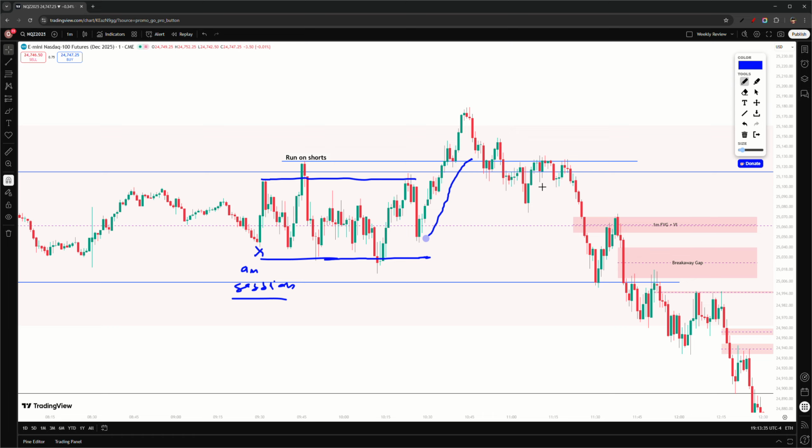It manipulated them here. On the other hand, there were also people who were trying to go short prematurely. Where do they place their stop losses? Here and here. And look at this run on stops initially, right? This made people who were placing their stop losses here feel safe, and then the market just reverses around them.